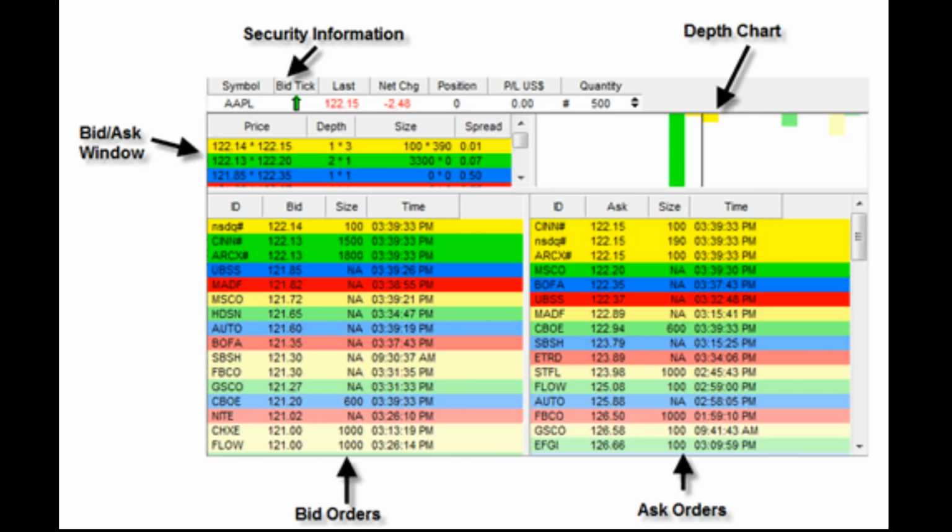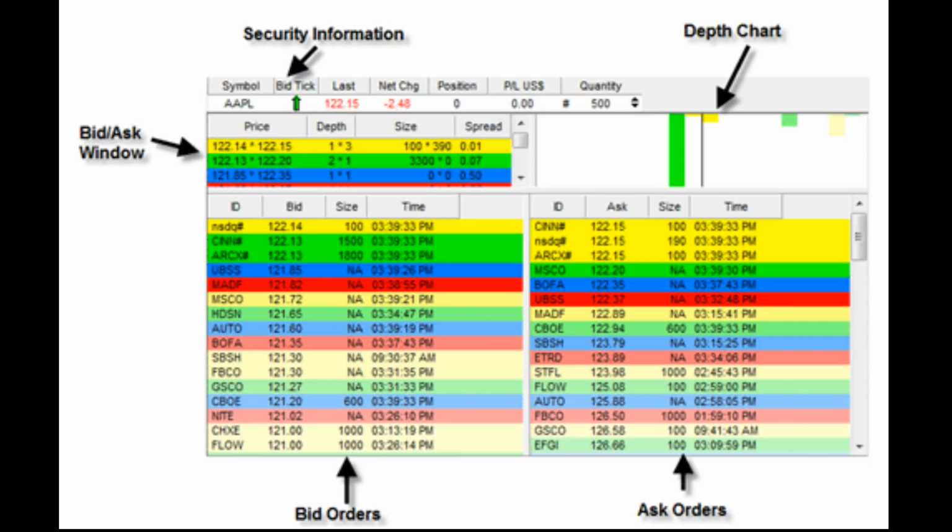So the level 2 window structure, like I was explaining, is comprised of 4 key components: the security information, bid-ask window, depth chart, and the bid-ask orders. The security information, the first element on the level 2 window, the tape reading window, is the general market information for the stock that we're looking at. This information will include the symbol name, direction of the bid tick, last price, and net change.